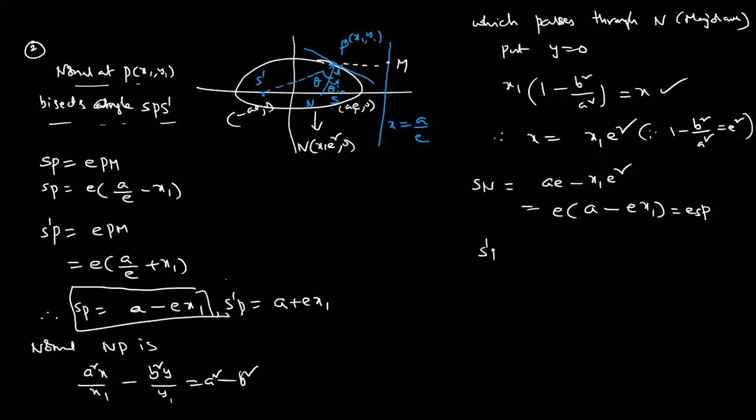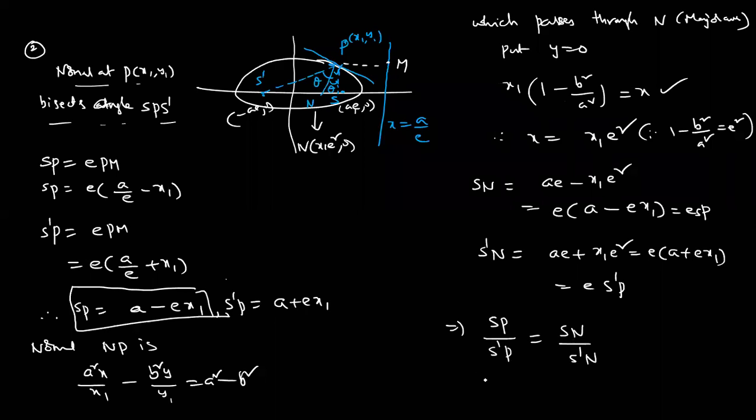So please find out what is the value of S dash N. That is ae plus x1 e square, e into (a plus e x1), which is e times S dash P. Now what are you observing? Anyone? SP by S dash P, what is the answer coming? Hence proved.